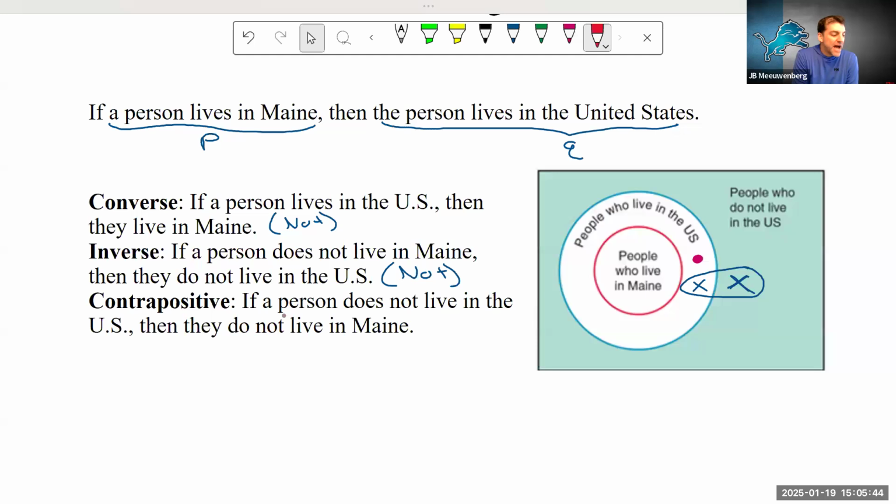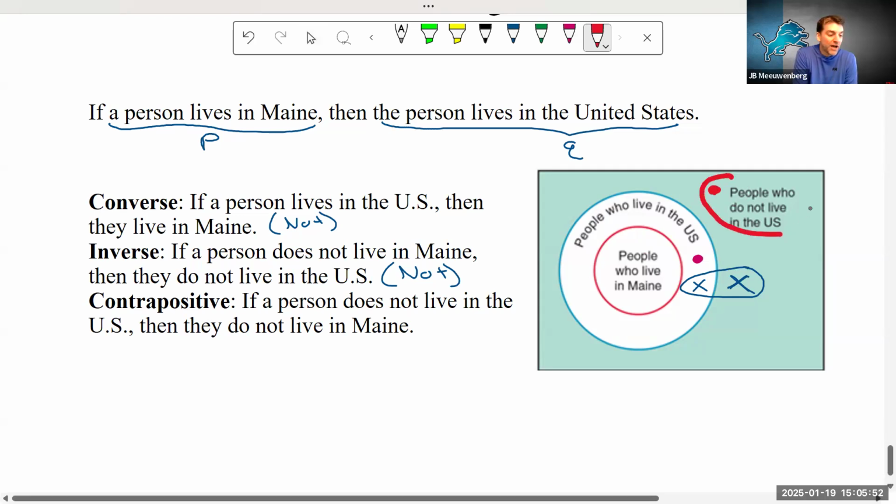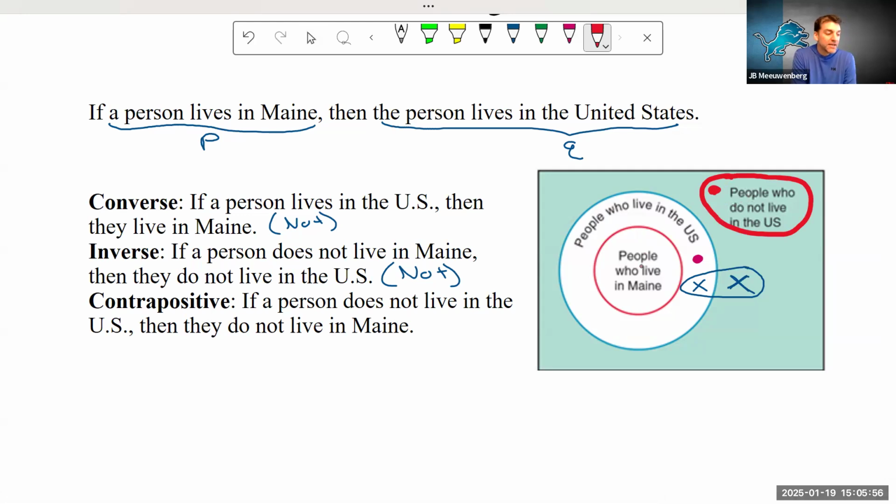If a person does not live in the US, that's talking about someone who is going to be living out here, people who do not live in the US. If they do not live in the US, then they do not live in Maine. Yes, we can draw that logical conclusion. That would be a true statement. If they're living out here, then they cannot live in Maine.